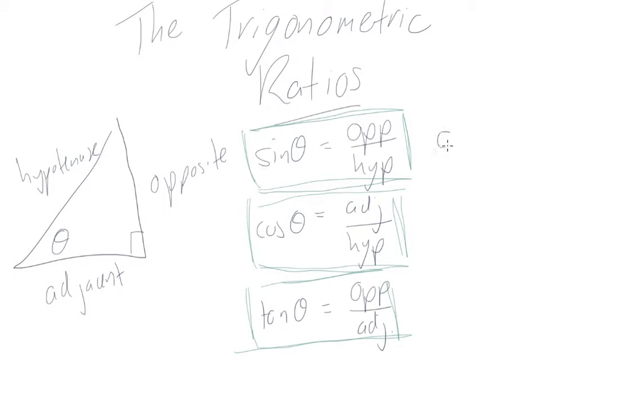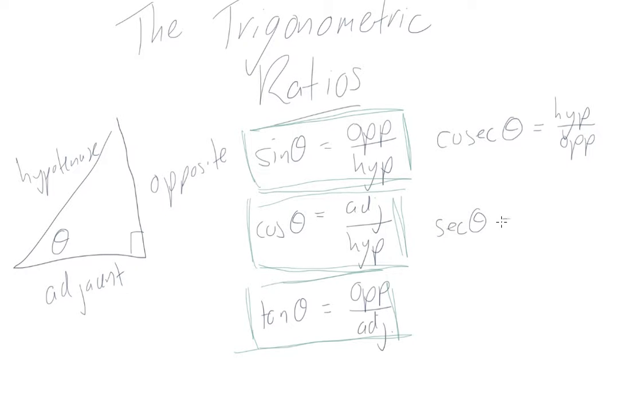Well, next we have cosecant, or cosec, and cosec theta is going to be hypotenuse over opposite. So it's the same as the sine ratio here, just upside down. Next we have sec, or secant.